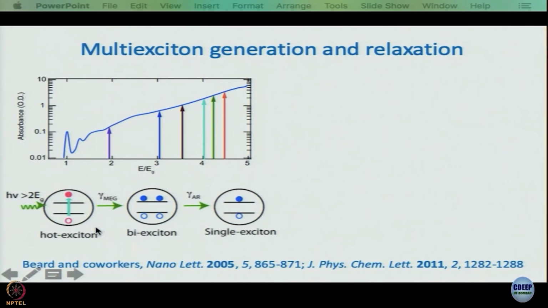And a very interesting thing that happens if one uses an excitation energy of more than 2 E g is that when this electron comes down to 1s E and the hole floats to 1s H, the energy that is involved can be utilized to cause another electron hole separation to lead to what is called a biexciton. So, biexciton, remember, is within a single nanoparticle. Within a single nanoparticle, you have 2 electron hole pairs instead of 1.